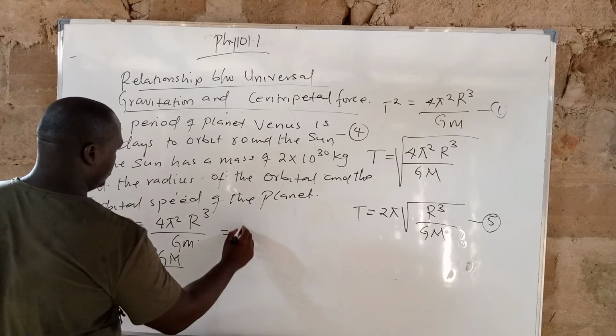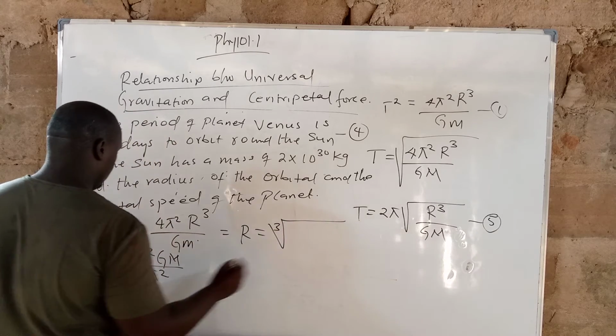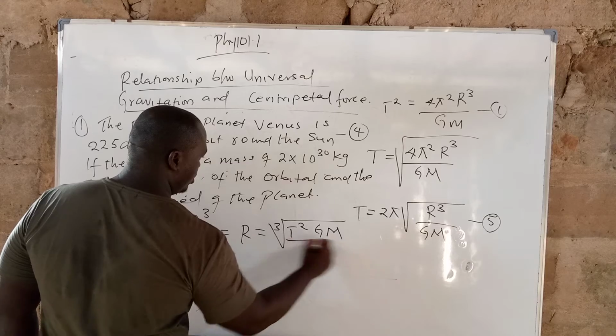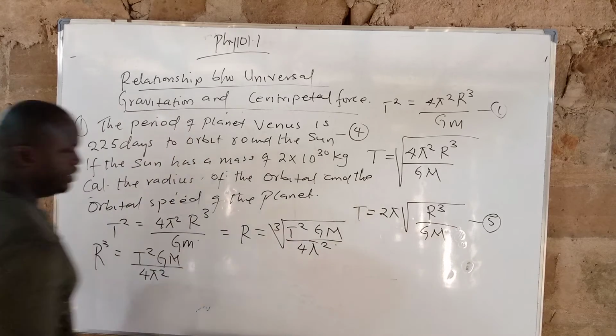Now, r is the cube root of t squared G M all over 4 pi squared, right?